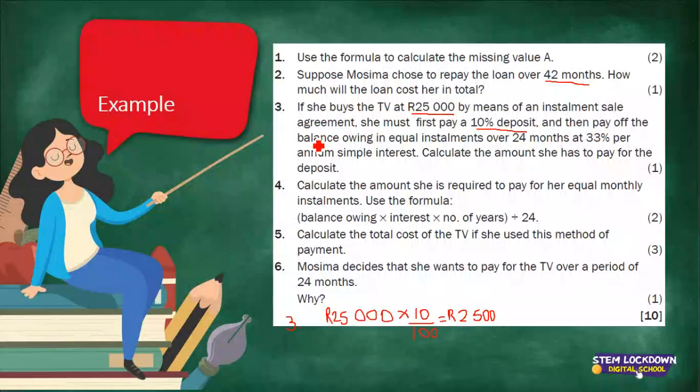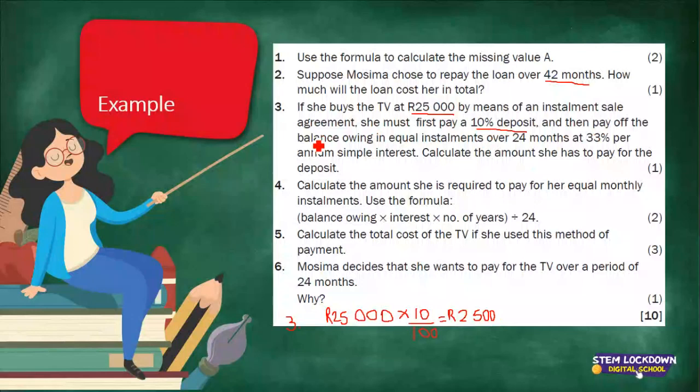Subtract the deposit which is paid, right? So remember, balance is what is remaining. So what is our balance, learners? Our balance is 25,000 subtract 2,500.